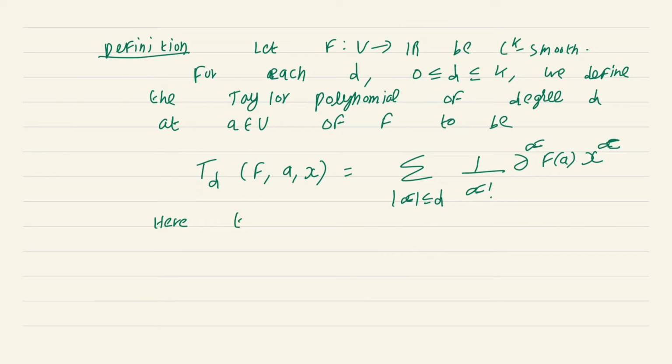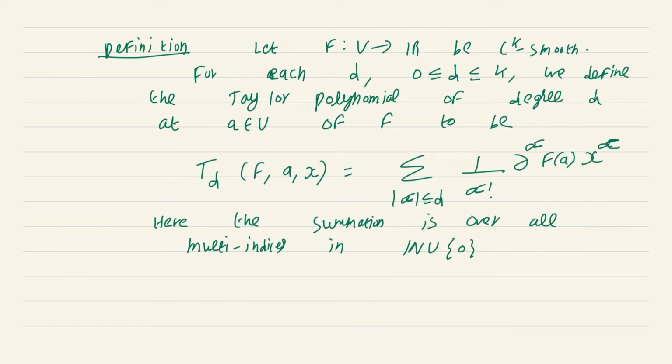Here the summation is over all multi-indices in N union 0 to the power n of length less than or equal to d.